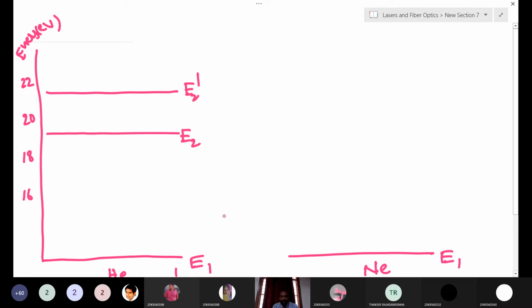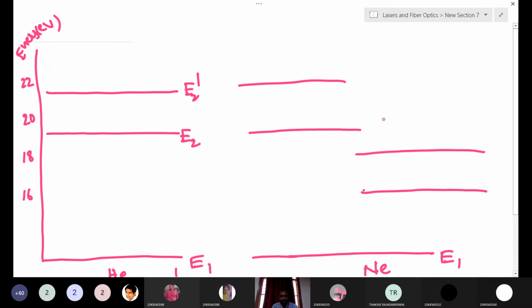Neon also has energy levels closely matched with the helium atoms. Here you can draw the energy levels for neon: one at about 16 electron volts, another about 18 electron volts, and another about 20 electron volts.